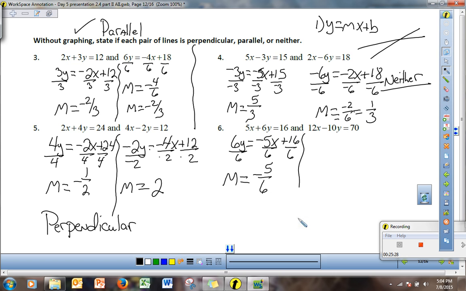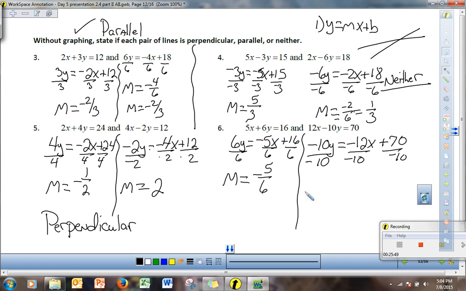Let's come over and look at the other one. 12x minus 10y equals 70. Let's move that x to the other side. So I got 10y equal negative 12x plus 70. Divide everything through by negative 10. So this slope is going to be negative 12 over negative 10, which reduces to, two negatives make a positive, 6/5.